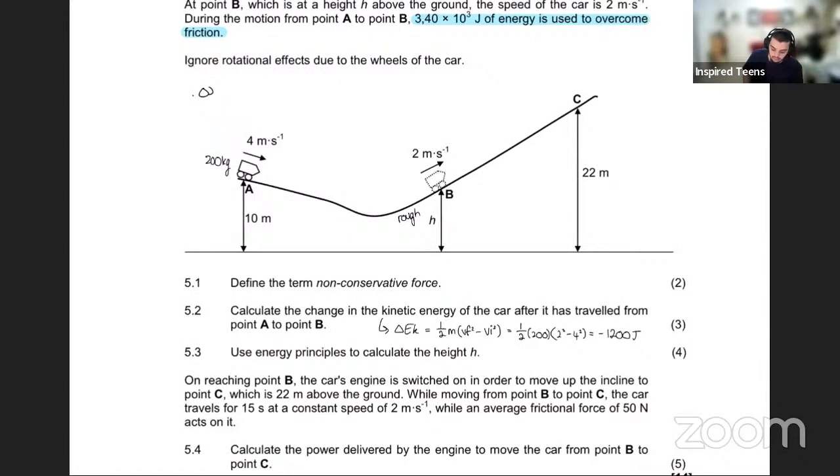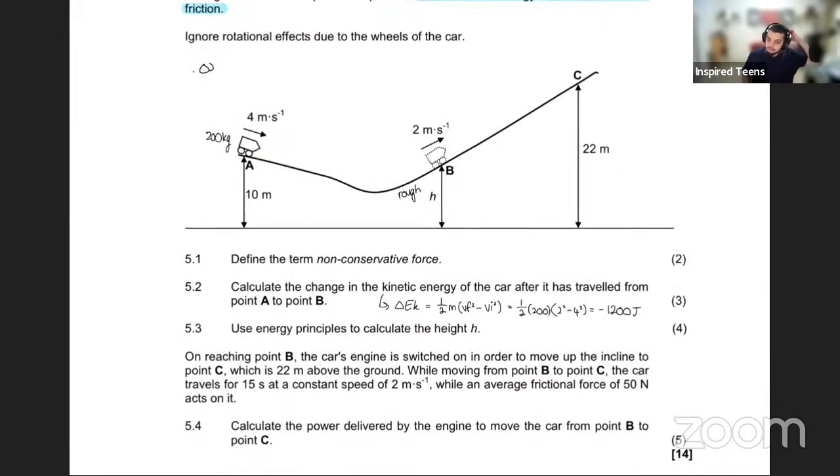The energy principles that we learned are conservation of mechanical energy and WNC, work done by non-conservative force. So we're going to use WNC because there is friction. But just remember, you're not limited to using this. For the previous question, I forgot to solve using WNet. I'll go back and do that.